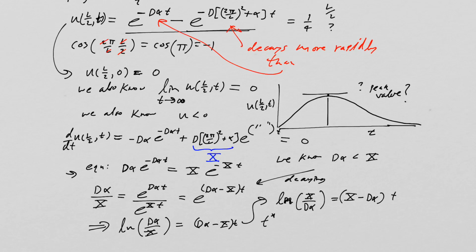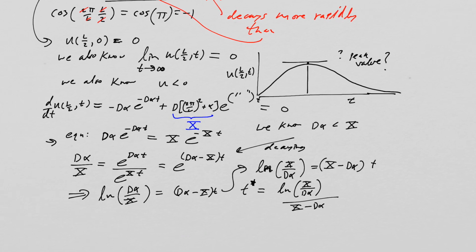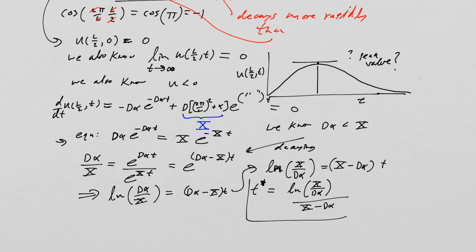So our special time for our peak value is going to equal natural log of X over d alpha all over X minus d alpha. All right, so this is the time, this is our peak time.